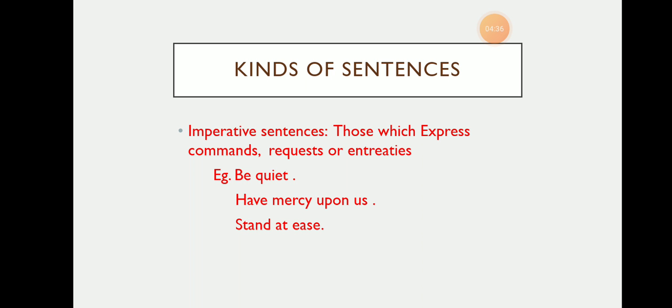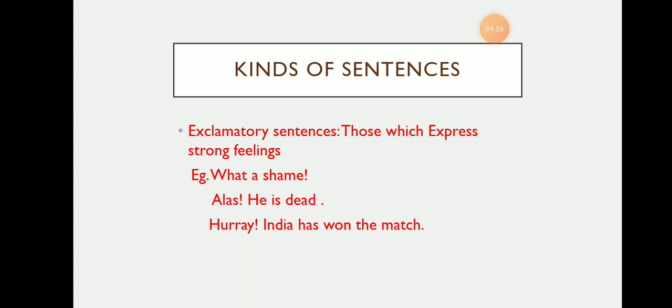Imperative sentence, for example, be quiet, have mercy upon us, stand at ease. A sentence that expresses a command or entreaty is called an imperative sentence. Now let's see the next type of sentence.